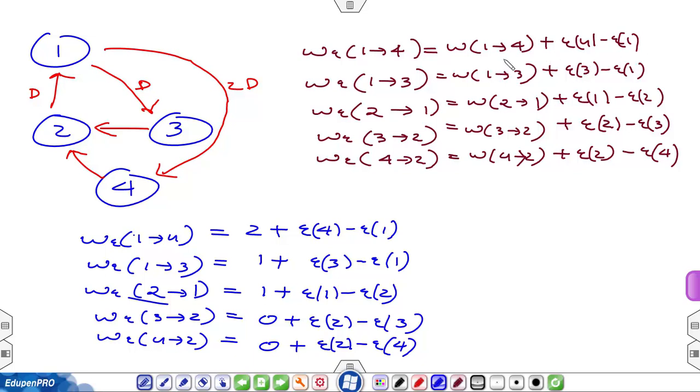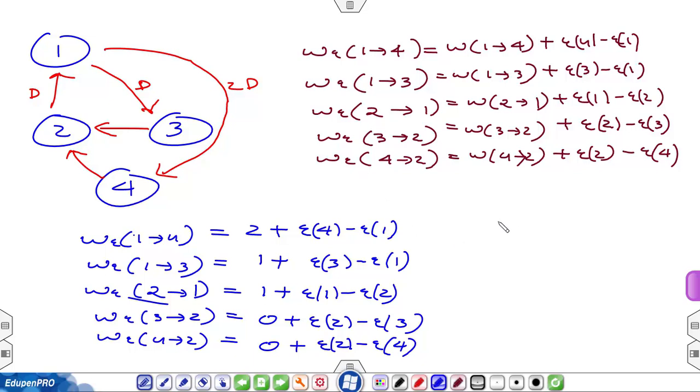W1 to 4 is 2 and R4 minus R1 is unknown. WR1 to 3 is the weight of the edge between 1 and 3, W1 to 3 is 1, so 1 plus R3 minus R1. Similarly you can write equations for all the edges between the corresponding pairs of nodes.